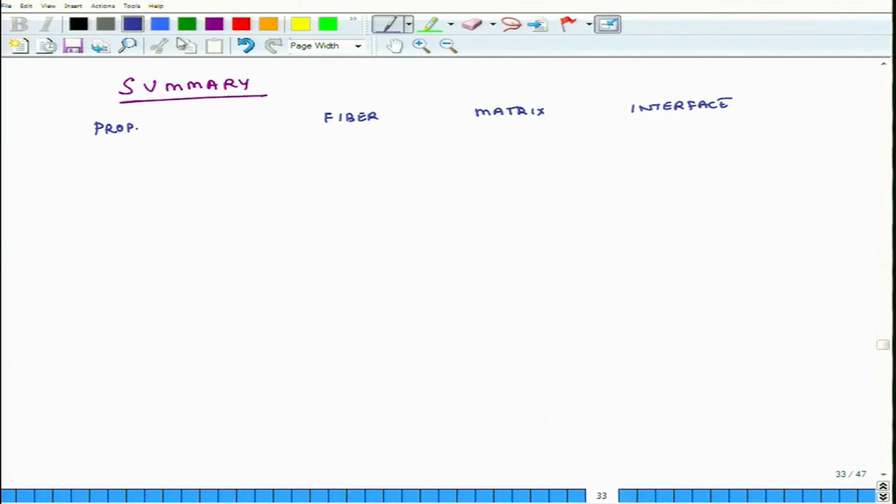So, first set of properties are related to tension. One is EL, Young's modulus in the longitudinal direction. Second property is sigma LU, the strength in the longitudinal direction in tension. Third is tensile modulus or transverse modulus and transverse strength in tension. So, these are four properties in tension.